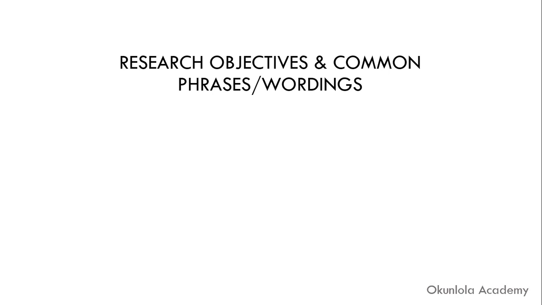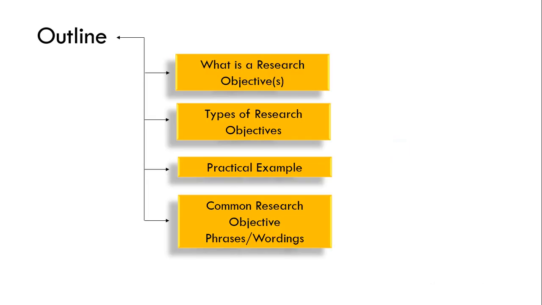So we're going to be looking at research objectives and the most common phrases and wordings that can assist you in forming your research objectives. As usual, we have lined up four outlines. One, we're going to be looking at what is a research objective, or what are research objectives as the case may be.